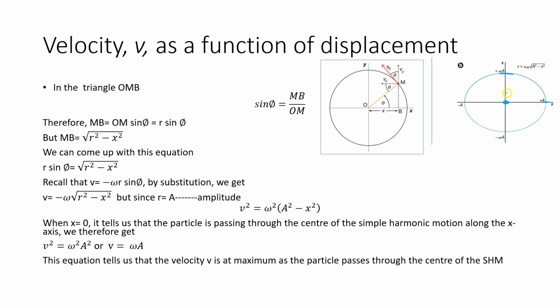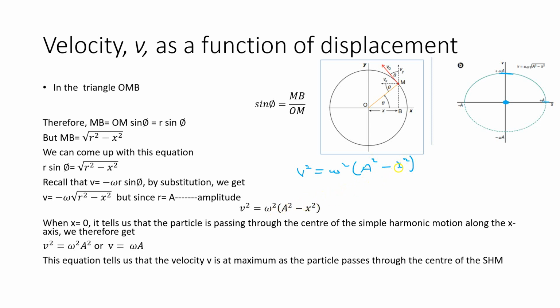So this graph here is essentially showing us what is happening as we consider the velocity versus displacement. Mind you that there is an equation related to this that says v squared is equal to omega squared times a squared minus x squared.